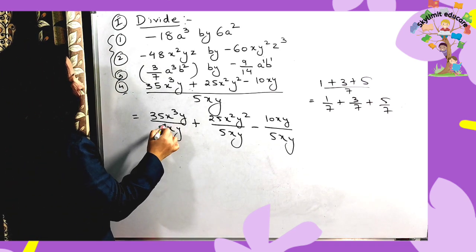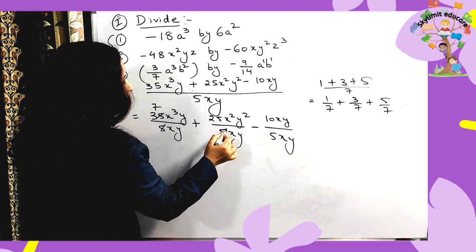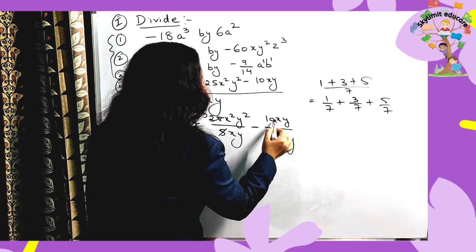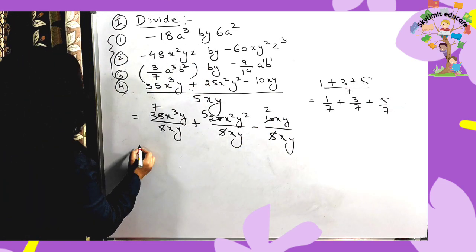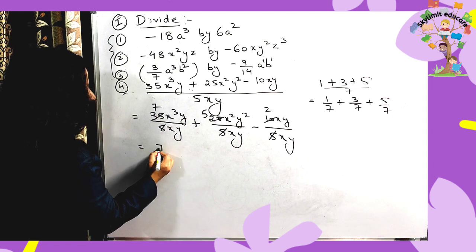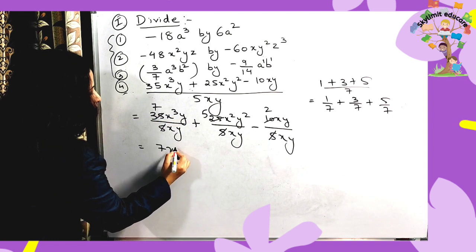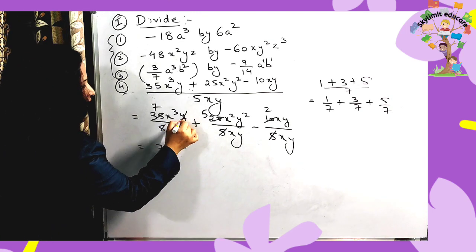Now you can see 5 7s are 35, 5 5s are 25, 5 2s are 10. Number part already we have solved. So here what we got, 7. Now here x to the power of 3 and x to the power of 1, so 3 minus 1, right? And here y both are same.